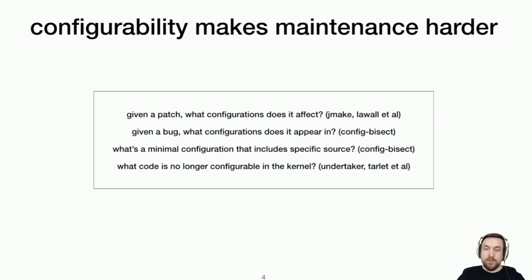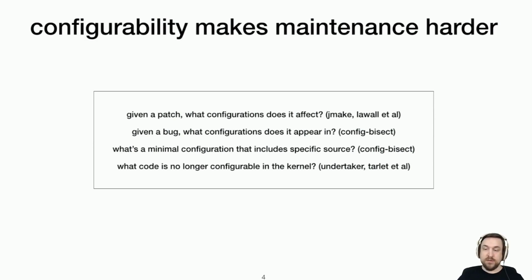There's a couple ways currently of dealing with this extreme configurability. There's the all yes or all mod config that attempts to turn on every possible configuration option. But this can never actually turn on all the code, particularly across architectures, just because of mutual exclusion between options.